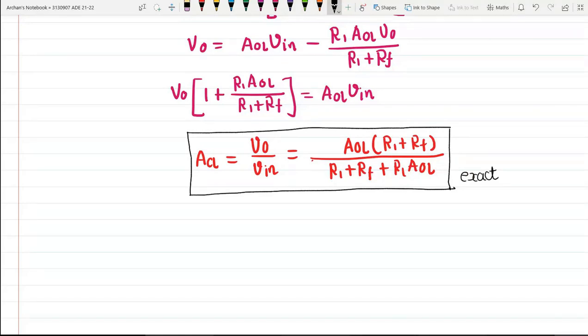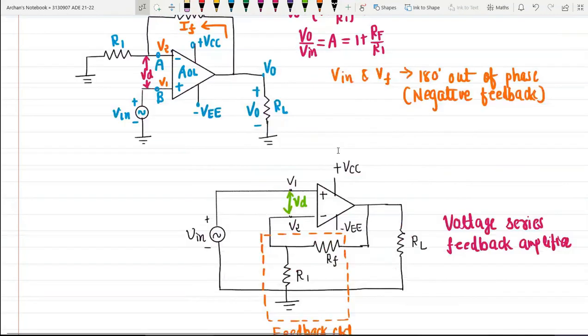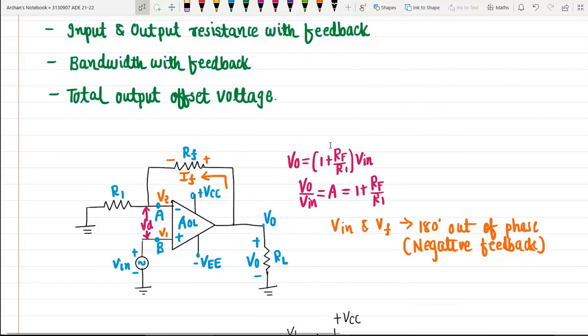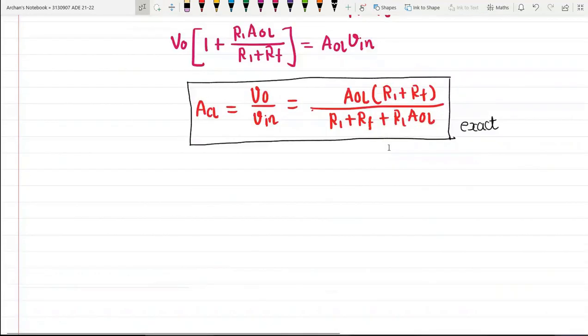Now talking about the ideality, we do know that ideally our voltage gain is equal to 1 plus RF by R1. Now let us confirm this. Ideally, talking about the open loop gain, AOL is very large and tending to infinity.